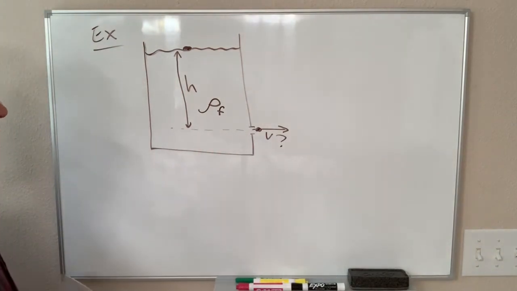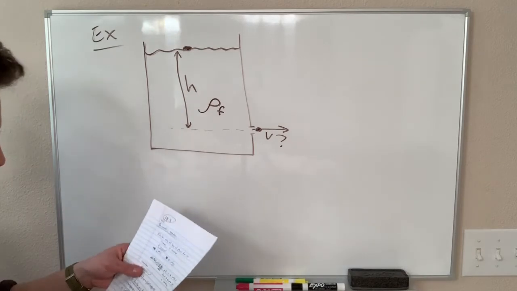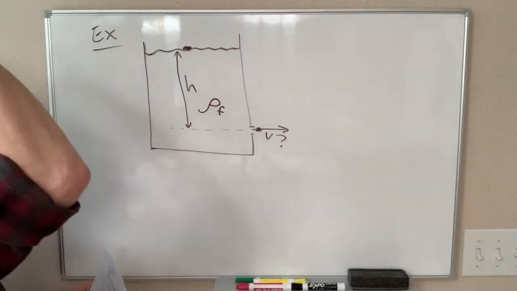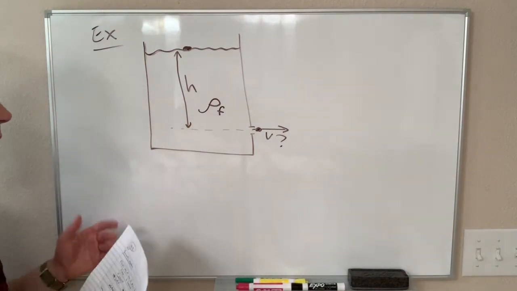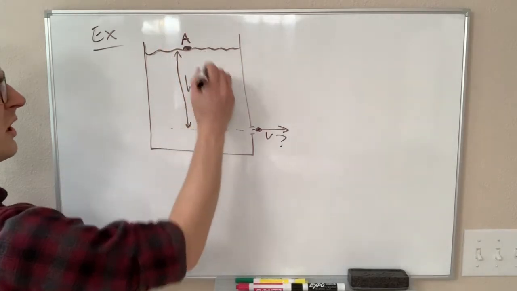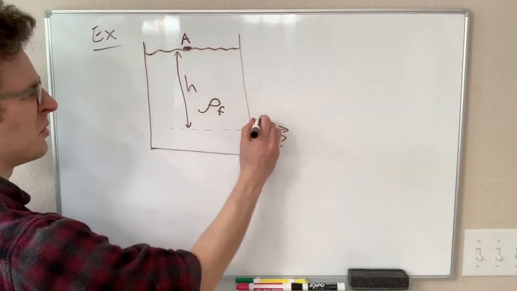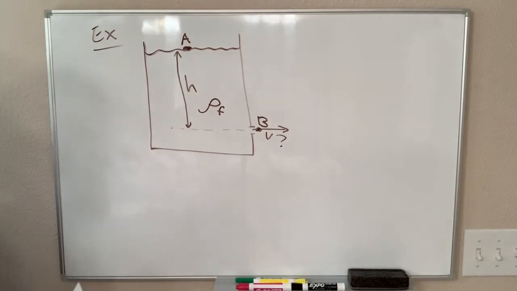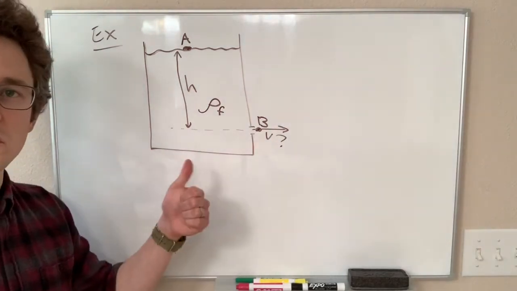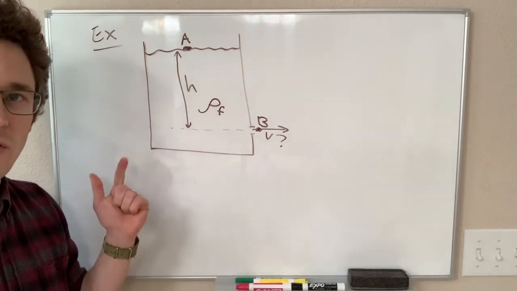So let's use Bernoulli's equation. Before we actually write it down, there are a couple things that we can say. If this is point A and this is point B, we have 3 pieces: we have velocity, we have height, and we have pressure.